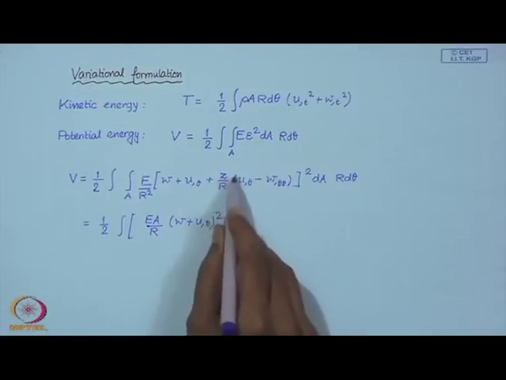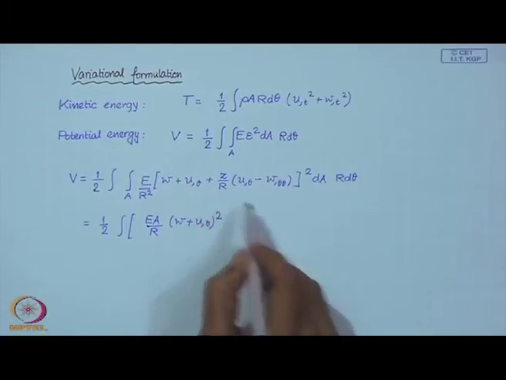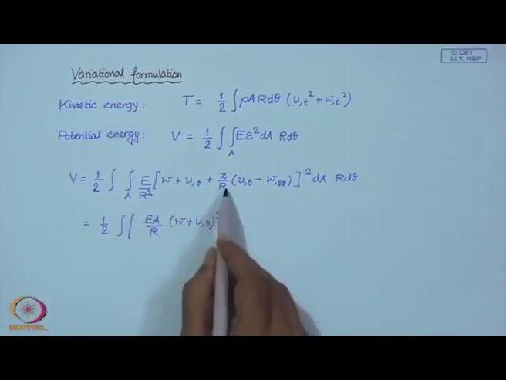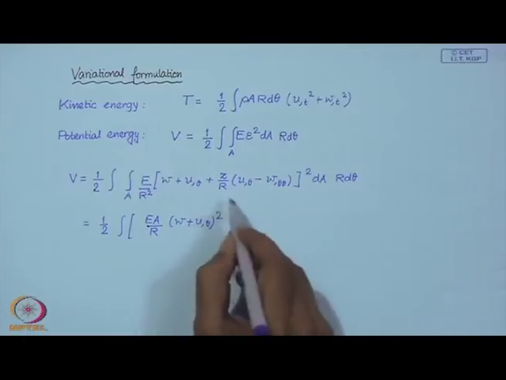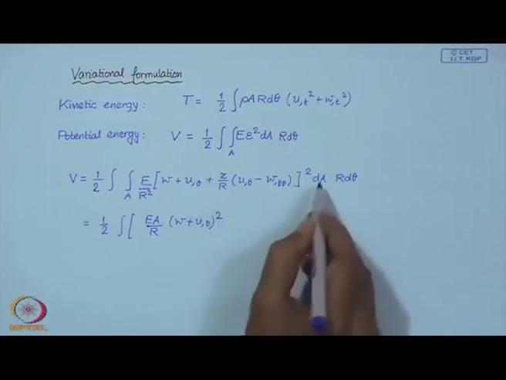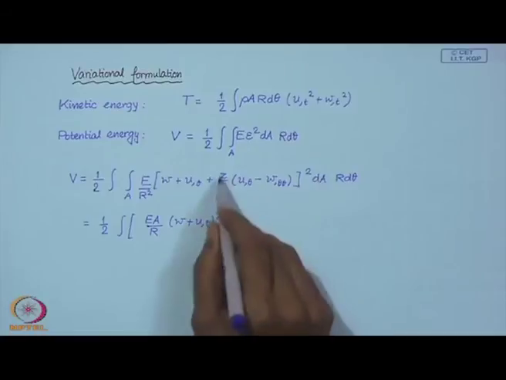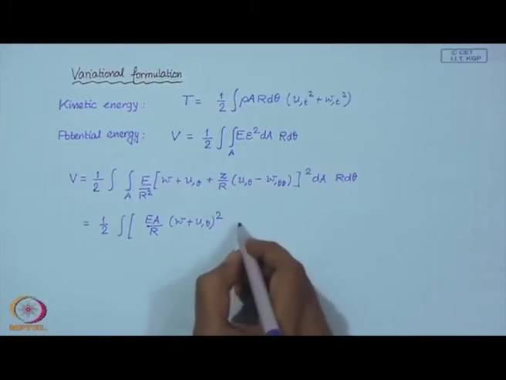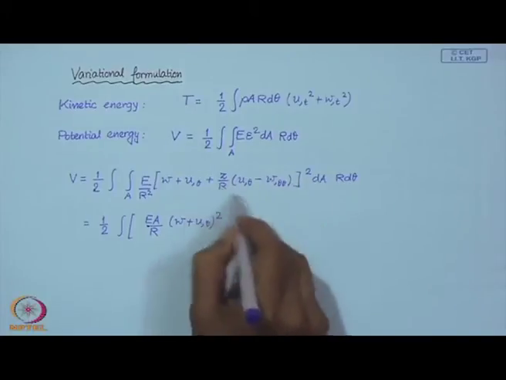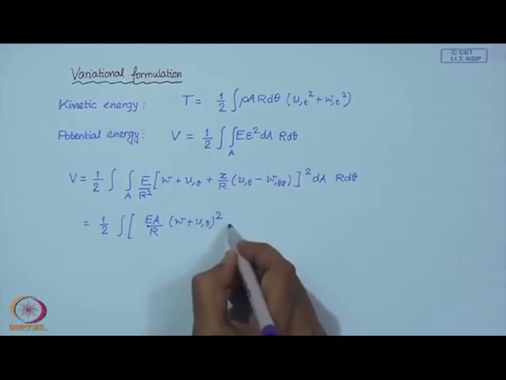So, you will have z square, and you have r to the power 4, and here there is an r. So, that will give 1 over r cube, and z square integrated over the area is going to be the second moment of the area. So, the square of this second term is going to give us this.